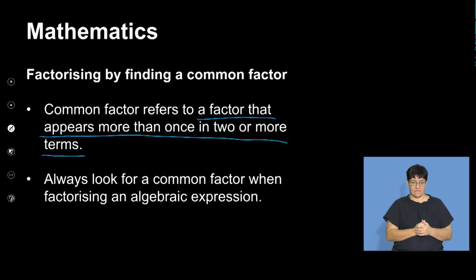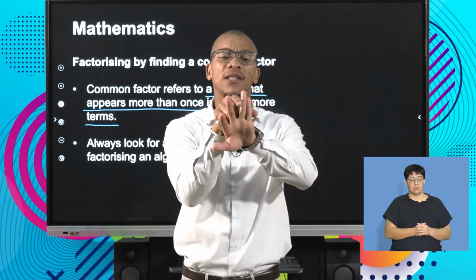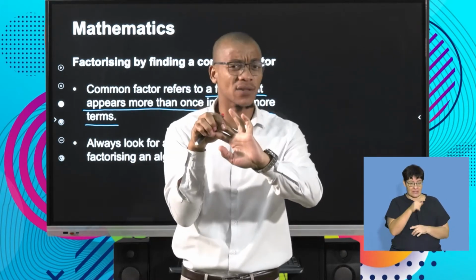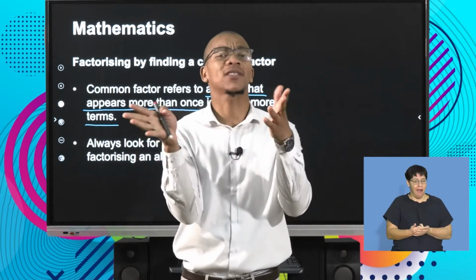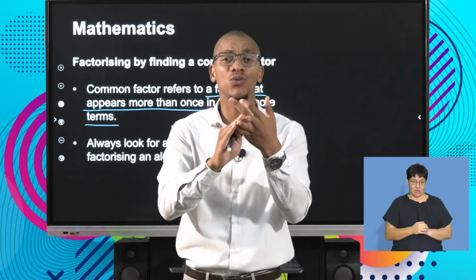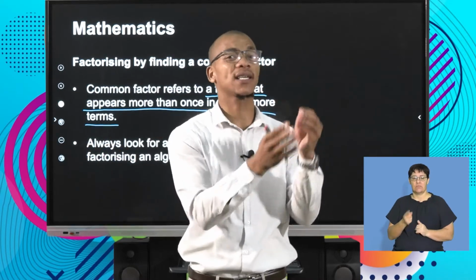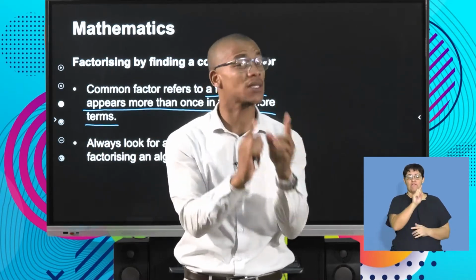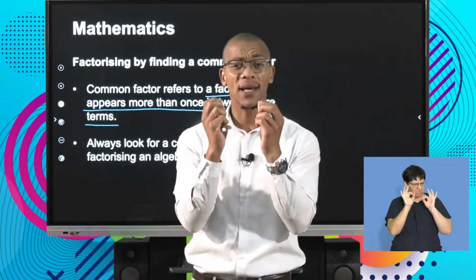Because if it appears only on the first 2, then you will need to only take a common factor for the first 2 terms and leave the rest of the terms. But if it appears on all of them, then you can take out a common factor for all of them. Just make sure that if it appears on the first 2, you don't put everything else in brackets, but only take the common factor for the first 2 terms. Please make sure that you do that. I will show you exactly what I mean by this.